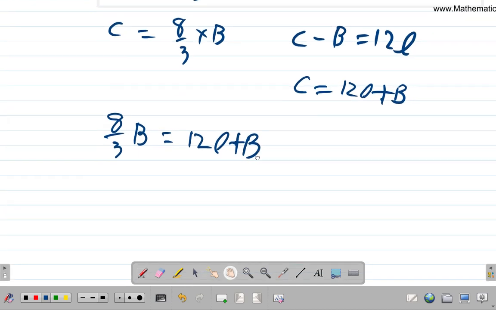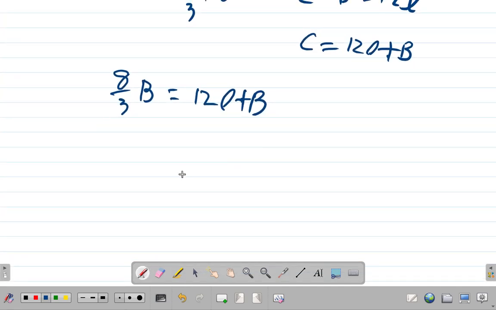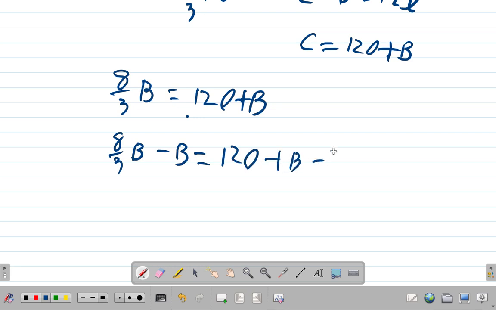So in this case, if you subtract B from both sides, you'll have 8/3 B minus B equals 120 plus B minus B, but B minus B is gone. If you factorize and put B outside the bracket, what you'd have inside the bracket is 8/3 minus 1, equal to 120.